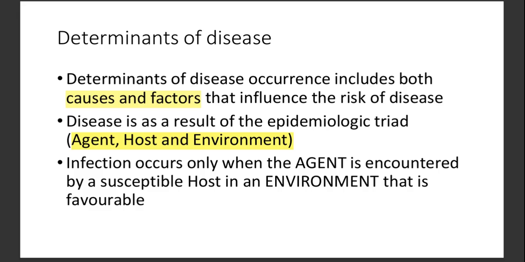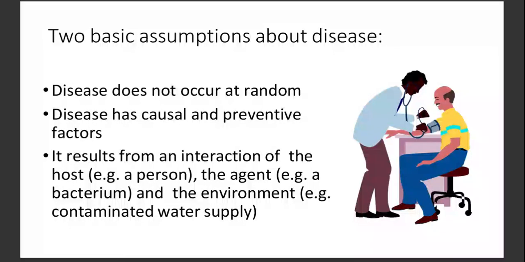Now, besides that, the environment should also be favorable. The HPV should find a good environment in which it is able to grow for it to cause disease. All right. So that is it. Remember, we said the basic assumption about disease is that disease does not occur at random, and disease has causal and preventive factors. It results from the interaction of the host, which is a person, the agent, which is the bacteria or maybe the virus, and the environment.